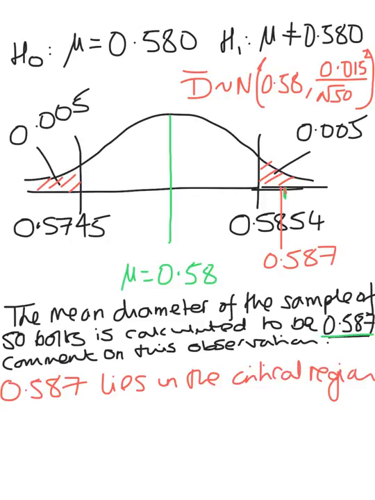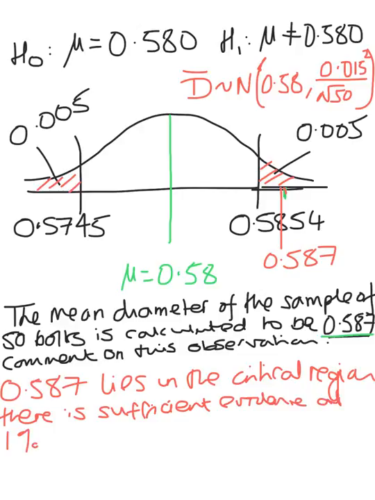So what that therefore means is that there is sufficient evidence at the 1% level to reject the null hypothesis, that the mean diameter has changed.